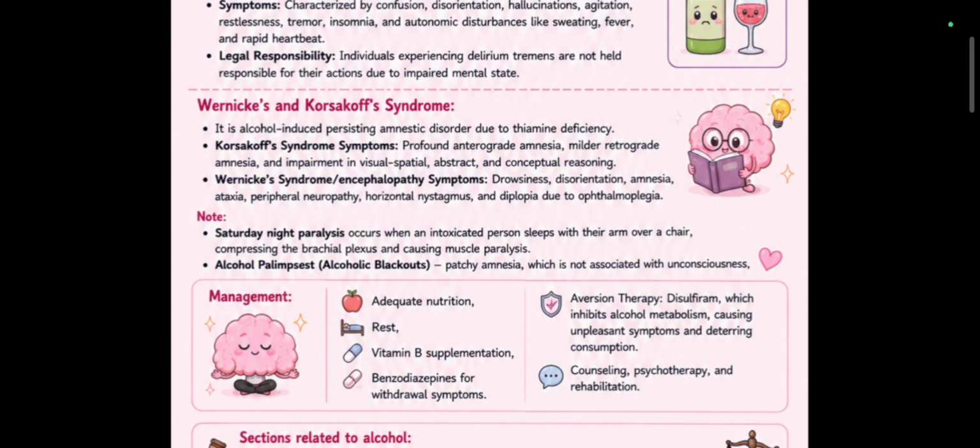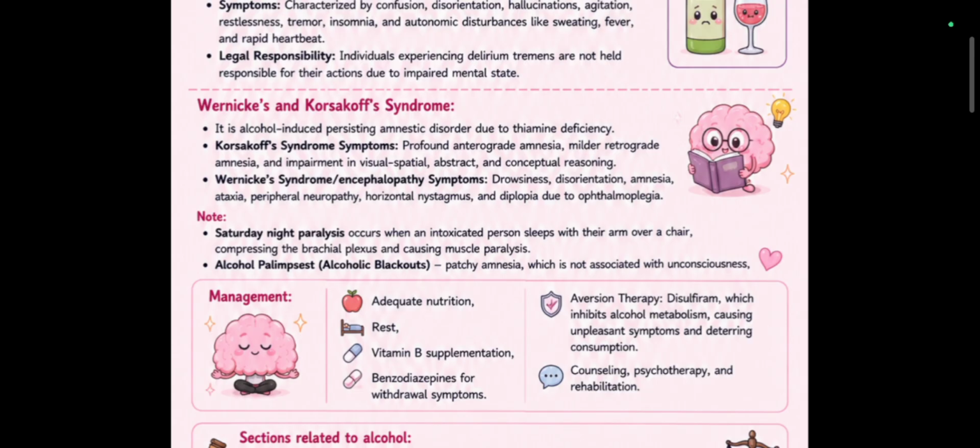What are Wernicke's and Korsakoff syndrome? It is an alcohol-induced persisting amnestic disorder due to thiamine deficiency. What is thiamine? It is vitamin B1. Amnestic means severe loss of memories, or inability to learn new things, or both. Either there is loss of memories or the person is unable to learn new information.